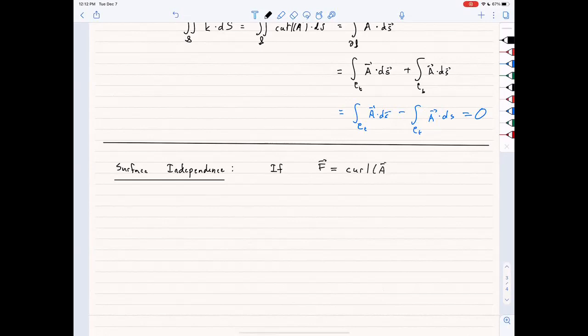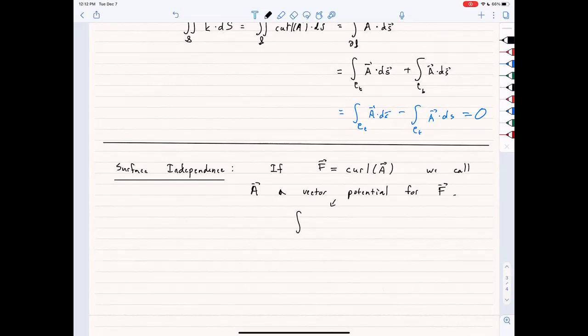There is a phrase for this. If I have a vector field F in 3 dimensions and it is the curl of another vector field A, we do have a name for A: we call A a vector potential for F. It's not the same thing as a scalar potential. What we know about these types of vector fields is really interesting.